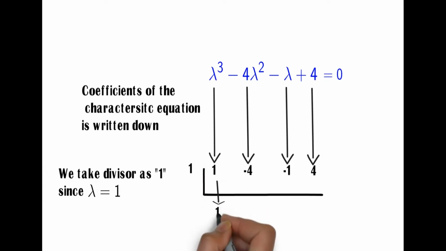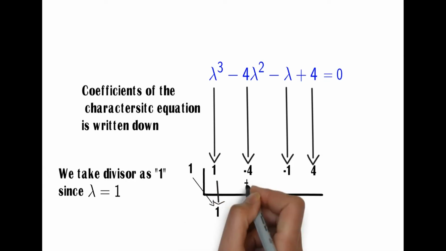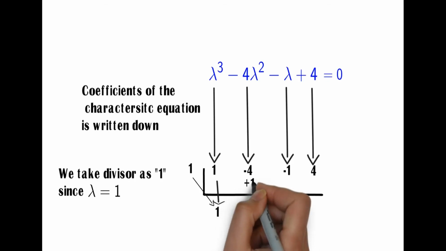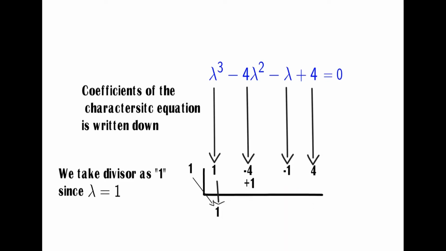One is brought down and 1 is multiplied with divisor, and the result is written below -4, adding -4 plus 1, which is equal to -3.